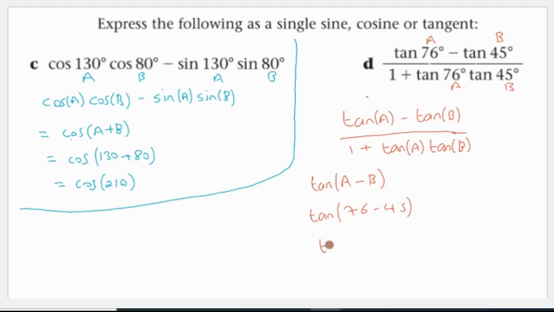So that becomes tan of 76 minus 45, which is 31.